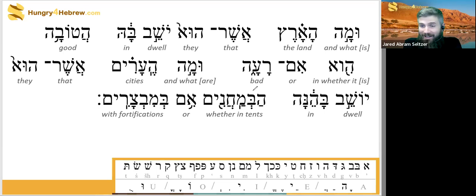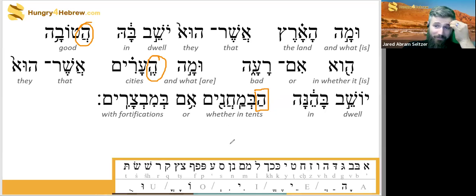It shouldn't be there. We know that this is interrogative. We know that one's interrogative. All right, so I'm guessing because of context, they decided to translate this as the word "whether."